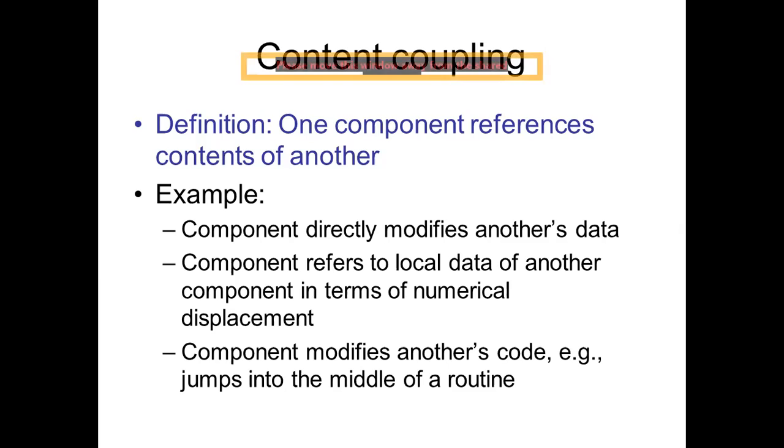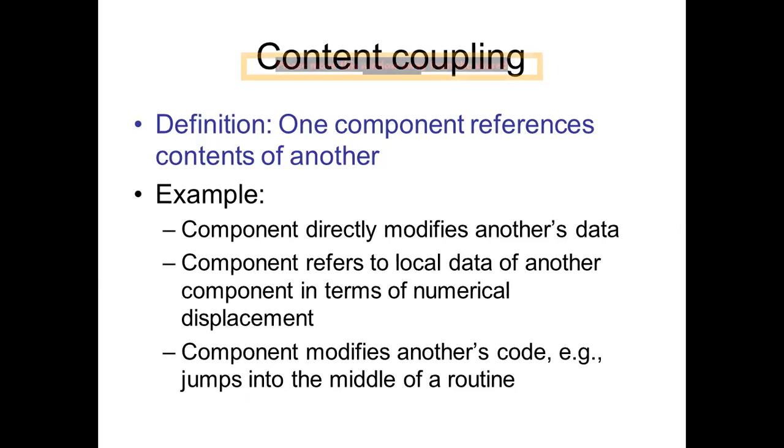A component refers to local data of another component in terms of numerical displacement. A component modifies another's code, e.g. jumps into the middle of a routine. It means interdependency is greater here. With the help of any component, we change, update or modify the code or the data of another component.